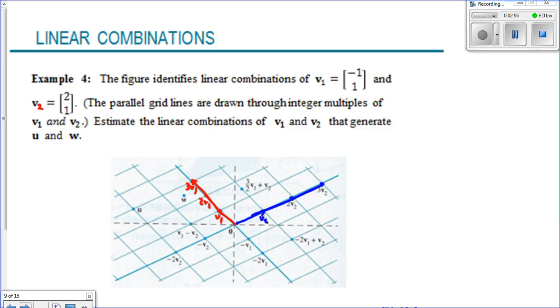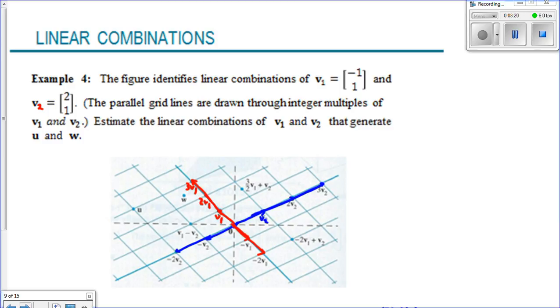Negative 1 times v2 would be going in the opposite direction but the same length as v2. Negative 2v2 would be coming here from the origin out to here. I didn't do the negatives on v1. Negative v1 is the same length as v1 but the opposite direction. Negative 2v1 again starts at the origin and it goes out twice as long as v1 in the opposite direction.